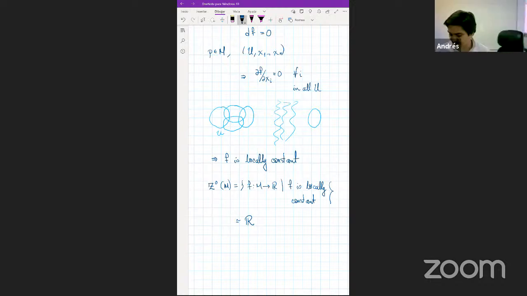Right, so it will be R to the, let's say R. So is this correct for you?